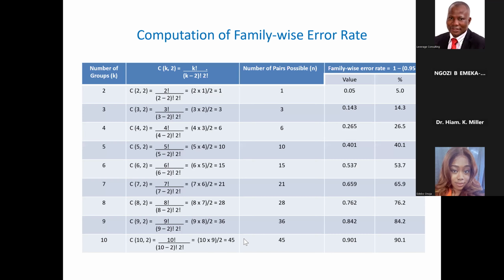If there are four groups, that means you are carrying out 6 tests. That is 0.95 multiplied 6 times. Remove it from 1, it will give you 0.265. That's 26.5%. Can you see the way it's increasing?